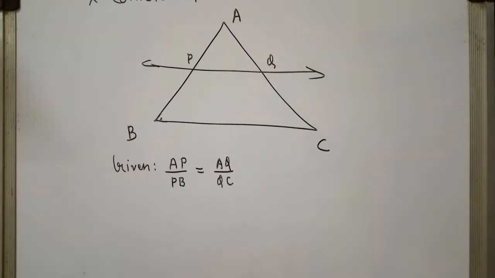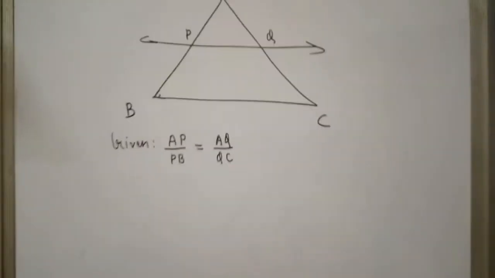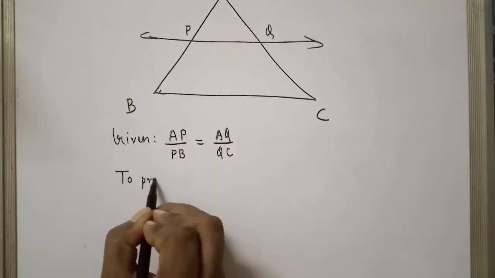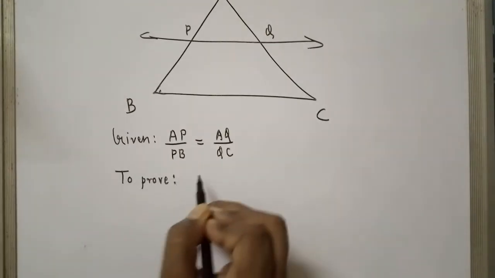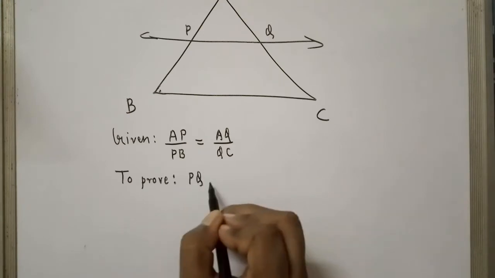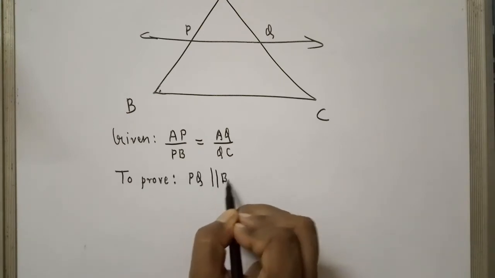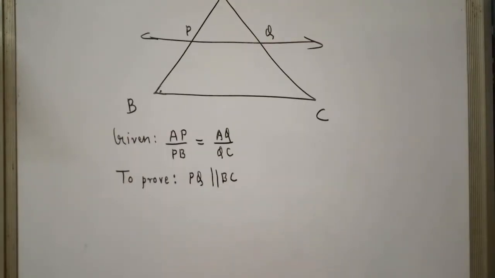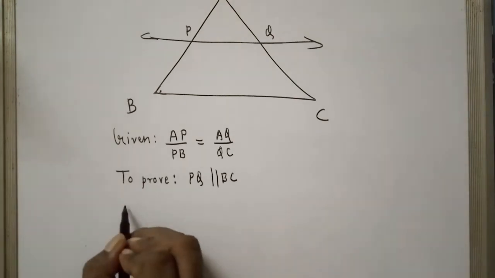What we are supposed to prove is that PQ is parallel to BC. As we need to prove PQ is parallel to BC, here again I repeat, this is a converse proof, so we need to use the indirect method of proving. So let's start with the proof.